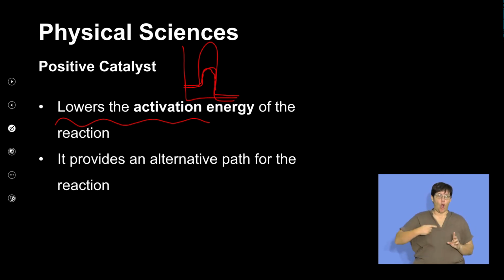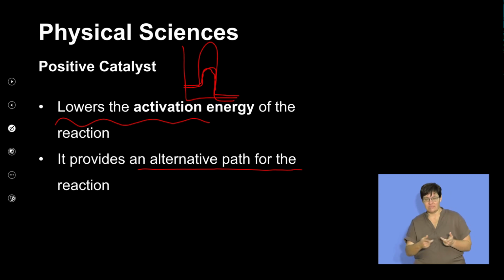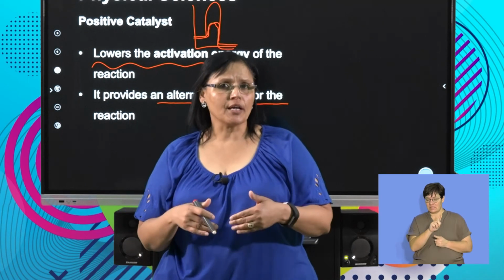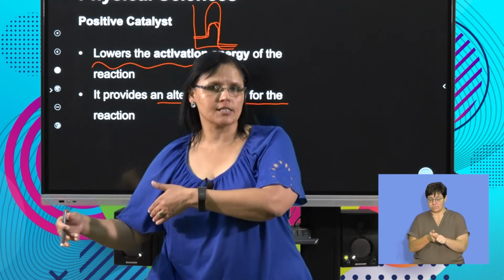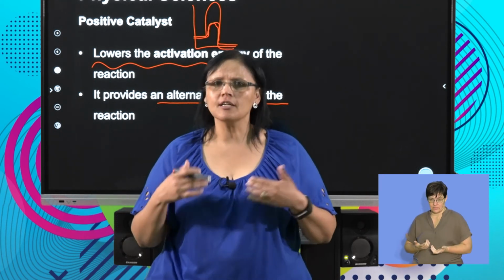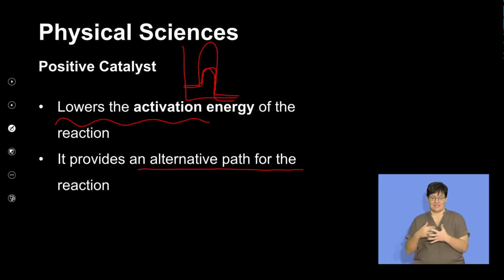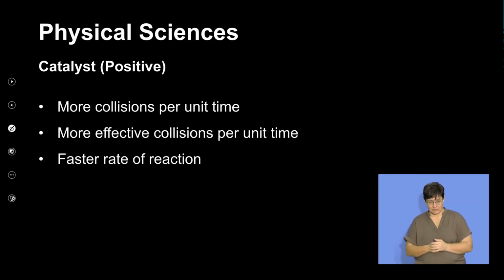So a positive catalyst lowers the activation energy of the reaction and provides an alternative path, meaning that product will be formed faster. Remember, not more product, just faster. So there will be more collisions per unit time, more effective collisions per unit time, and that will lead to a faster rate of reaction.